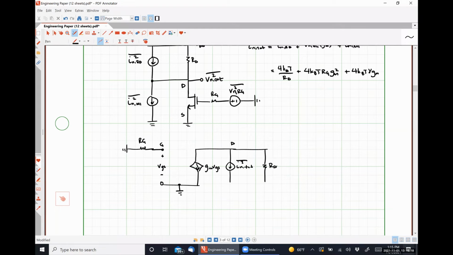Here's our resistance RD between drain and ground. Here's our output noise, VN out, that we're trying to find. So we know that this guy contributes no current because VGS is exactly 0. So that means all of our noise current only sees that resistance RD. And so from that, VN out squared is equal to IN total times RD squared.